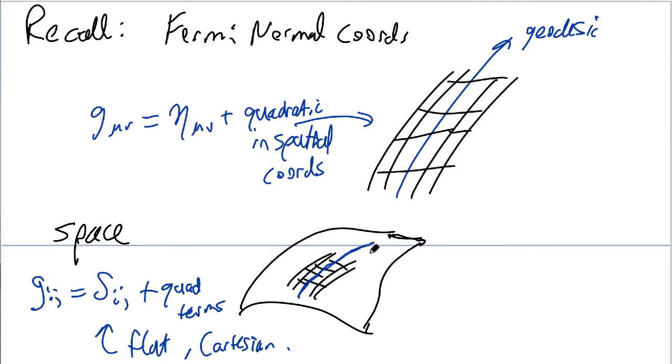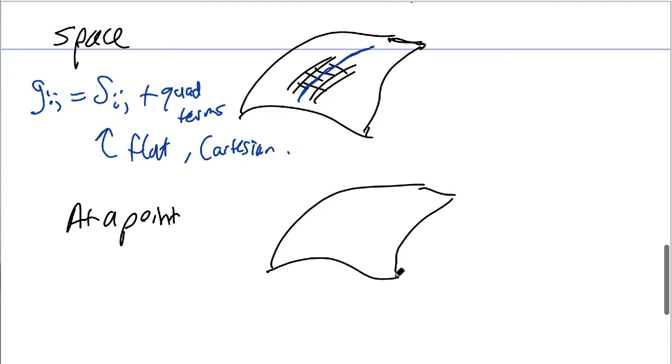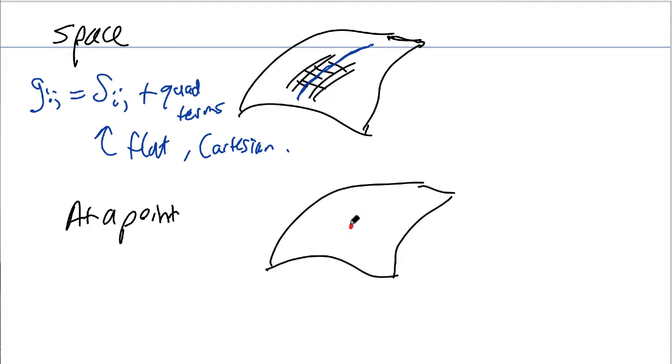So what about in the neighborhood of a point? If we can find coordinates that make the metric look flat and Cartesian along a curve, we can certainly do it at a point. So here's my curved space. Now pick a point, say right here. We can always find a geodesic that passes through that point, and we can construct coordinates in which the metric looks flat and Cartesian.